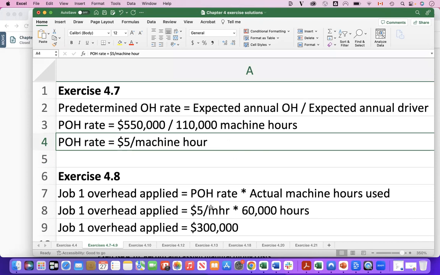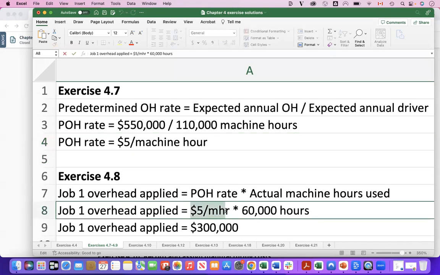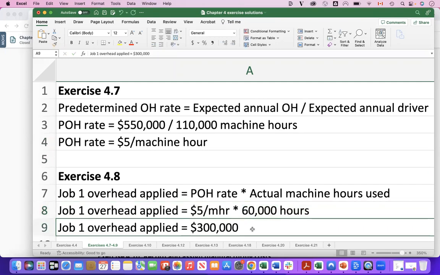So for job 1, we use the $5 per machine hour, and job 1 utilized 60,000 machine hours. We multiply the two, and we're going to apply to job 1 $300,000 in manufacturing overhead. So we are estimating that job 1, based off of using 60,000 machine hours, was responsible for $300,000 in manufacturing overhead, and we assign that cost to that specific job.